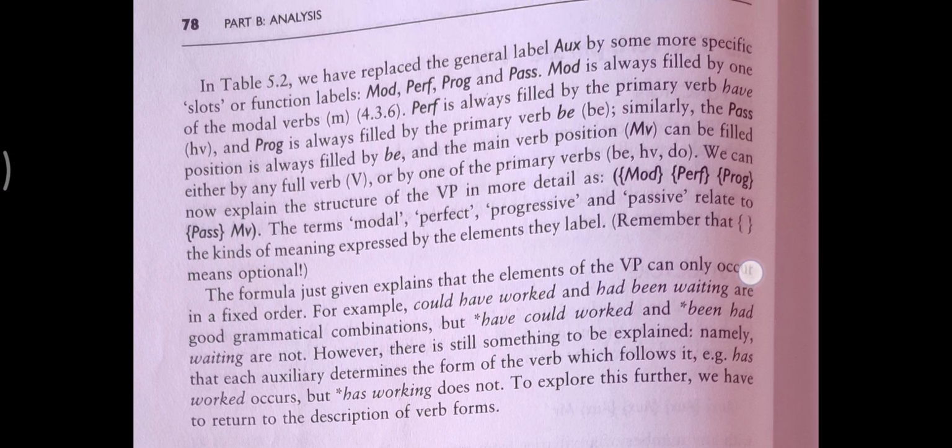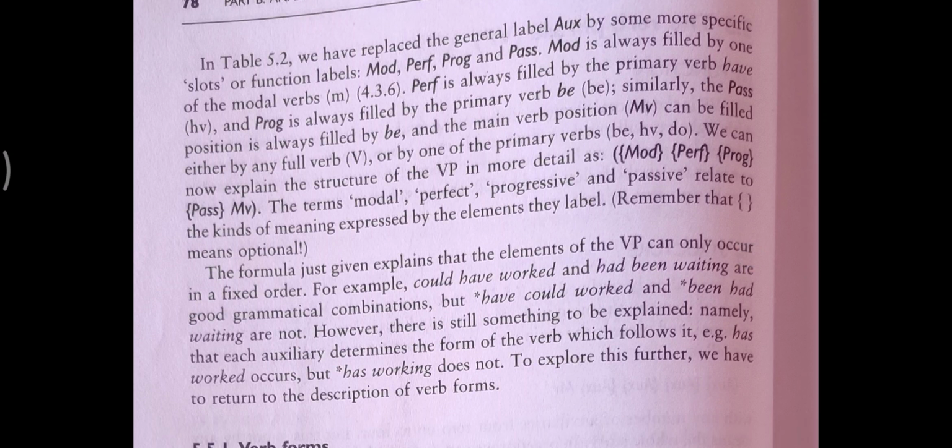In this particular table, auxiliaries have a particular special function. We have modal verbs, the perfective aspect with primary verb have, the progressive always with primary be, and the passive position always filled with be.